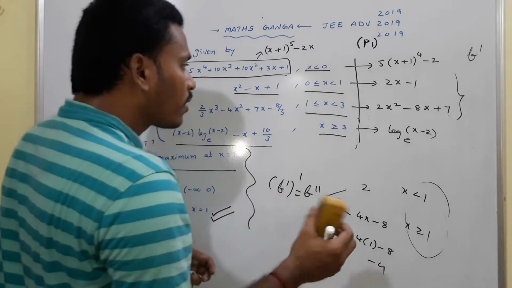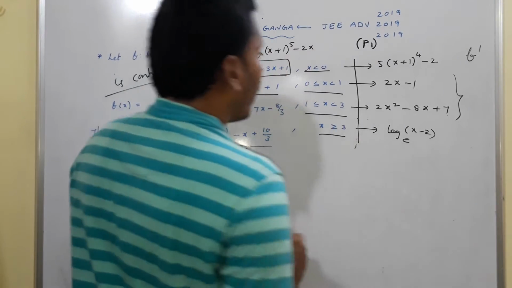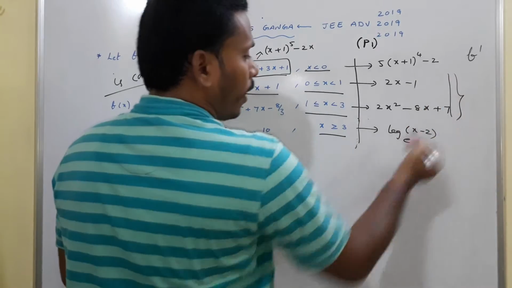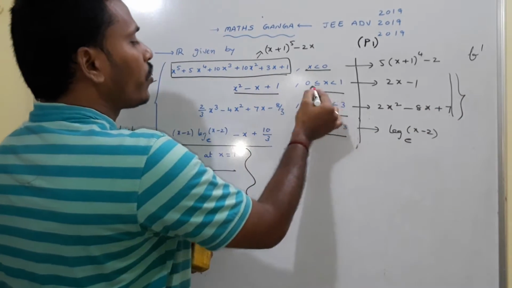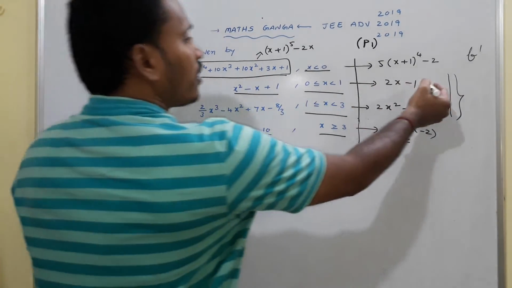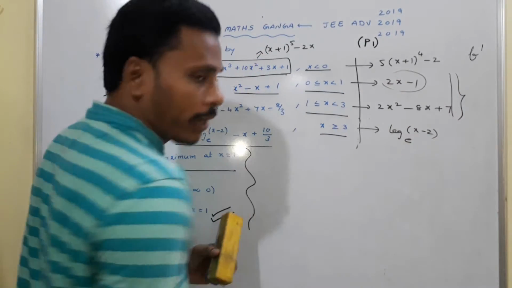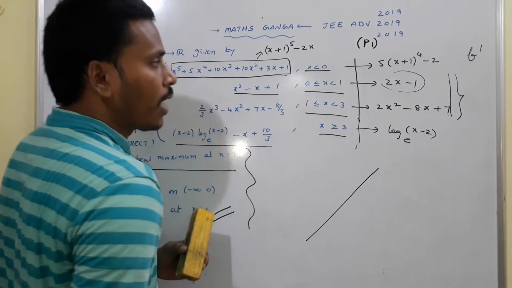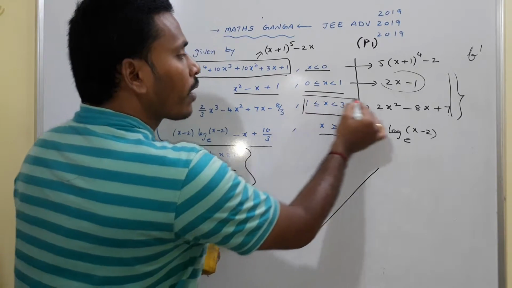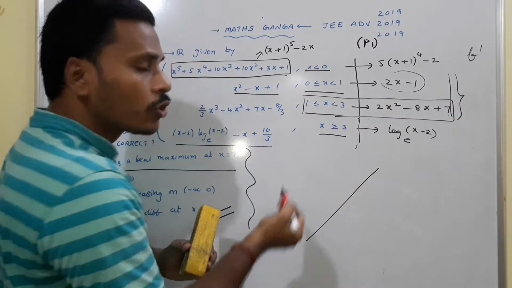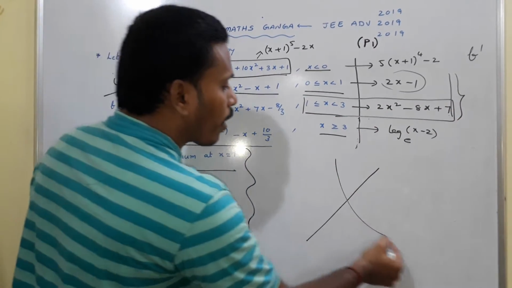And otherwise, if you try to draw the graph of f dash at 1, in this region, this is f dash, the function is 2x minus 1, so it is a straight line. And in this region, f dash is a quadratic, so it becomes a parabola. So somewhere we have a parabola here.